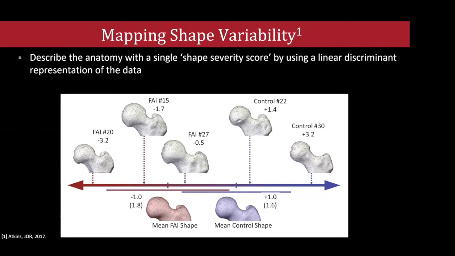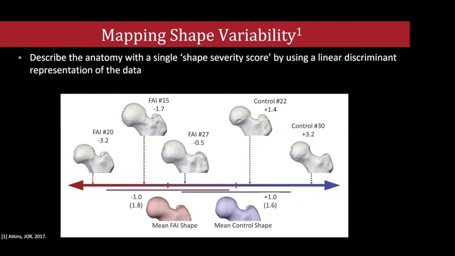More recently, there's been a push, I think, to try to relate some of these shape modeling results to clinicians in a way that is straightforward, easy to understand, and also objective. So essentially what we've done here is describe the anatomy as a single shape severity score, and we calculate this using a linear discriminant analysis of the data.